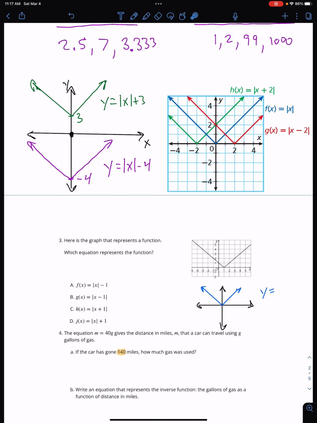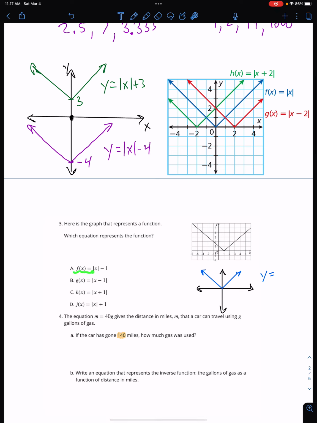So let's look at this graph. This vertex was supposed to be right here at 0, 0. It got shifted 1 unit to the right. So I see here f of x. Somebody asked me the other day, why does it say f, g, h, j? Well, that's what we've been studying for this whole unit, about what are functions.